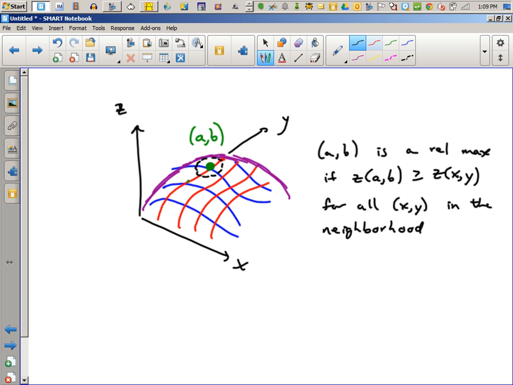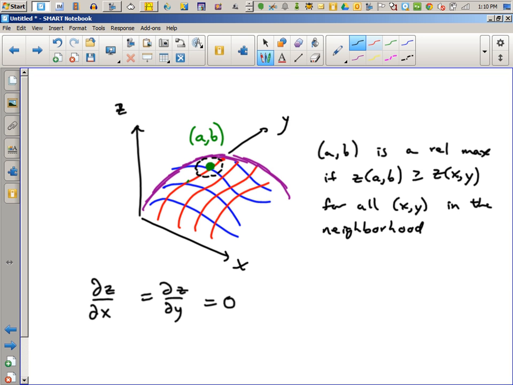And if this truly is a peak, what is the slope of the tangent line on one of the red curves? Zero, correct. So if a point is going to be considered a rel max, it needs to have one of the following two properties. Well, it needs to have both partial derivatives being 0. These both have to be 0.